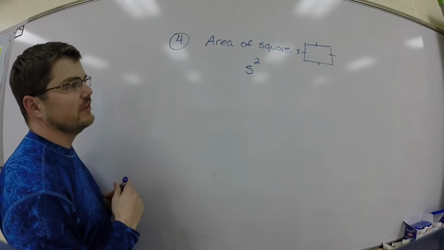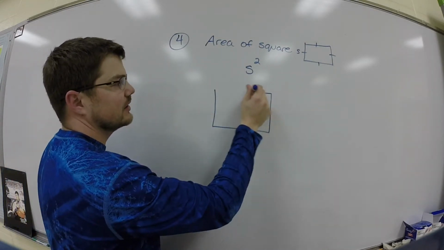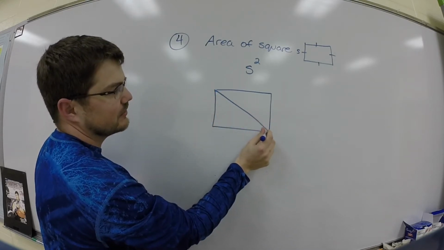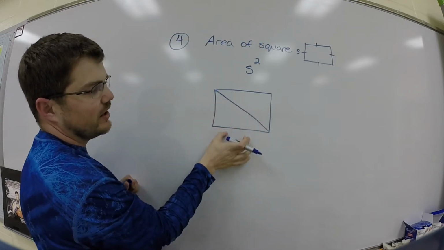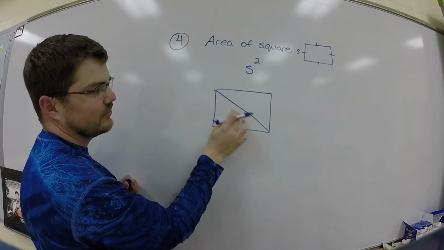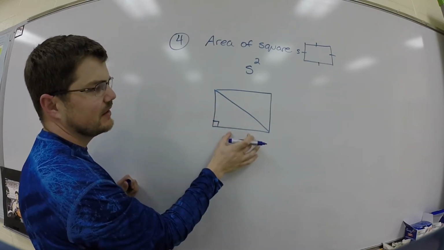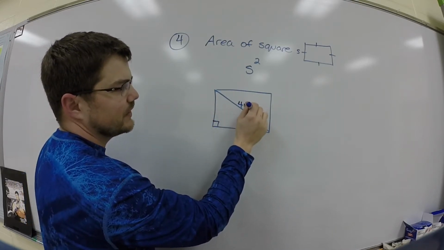And so the question tells us that the diagonal of a square, the diagonal is just going from opposite vertices. This is our diagonal. A square has the same side lengths, so we know that this is a 45, 45, 90. The legs are the same. It gives us the hypotenuse is 4 root 2.